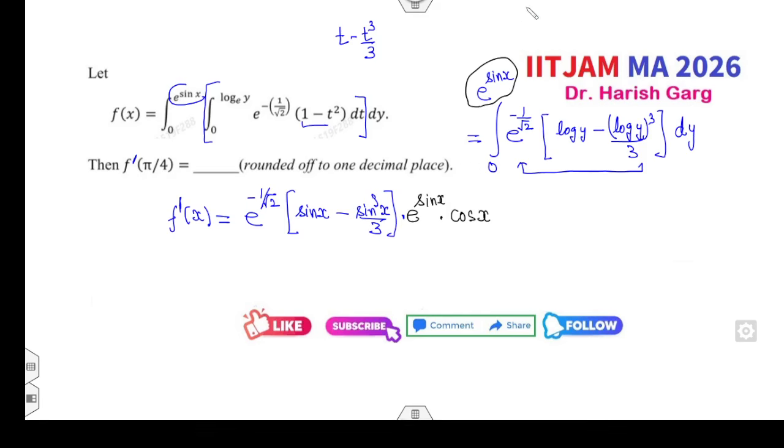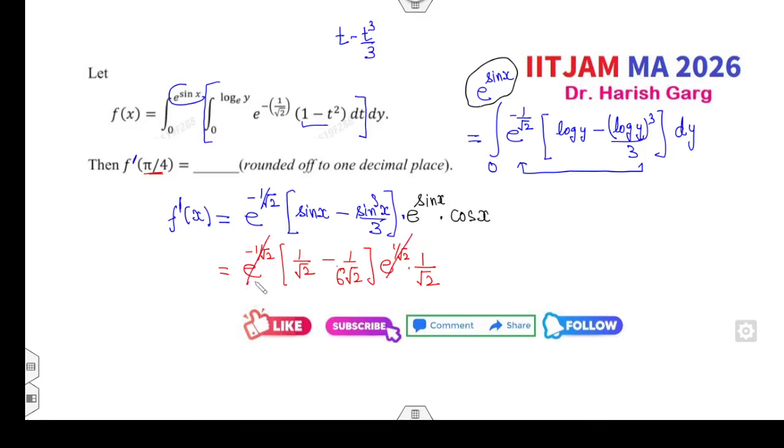Fine. And with 0 it will be 0. Now your target is to find the pi by 4. So that will be 1. Sine of pi by 4 is 1 by root 2. It's a 1 over 2. Fine. 1 over 2, how much will 2 into 3 be? 6 root 2. Fine. e raised to power plus 1 by root 2 into 1 by root 2.